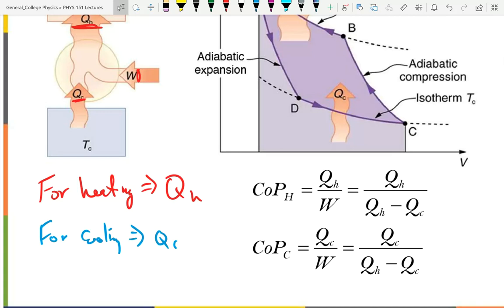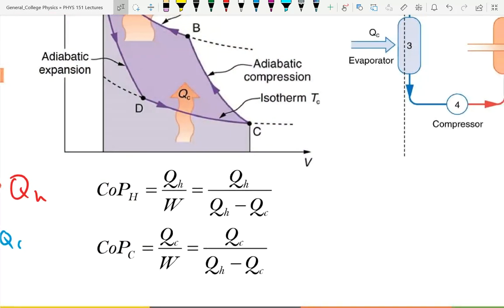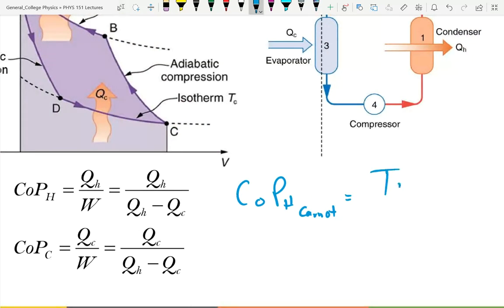Well, if it's a Carnot heat pump, then we can once again say the heats are proportional to the temperatures. So the Carnot coefficient of performance would be that, and you see the coefficient of performance, if temperature hot is equal to temperature cold, what's happening to my coefficient of performance?